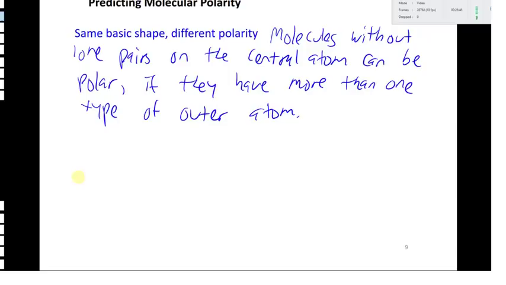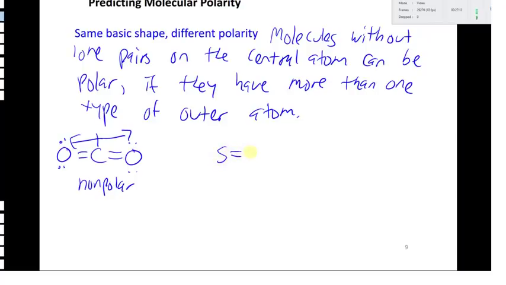We started with CO2, and as we saw last time, this one is nonpolar because we have two identical bond dipoles that cancel out. But what if we do another molecule that's linear, but we replace one of the oxygens with sulfur? Let's do SCO.